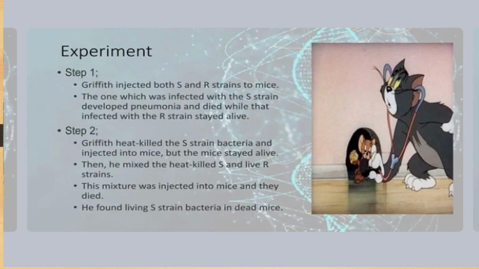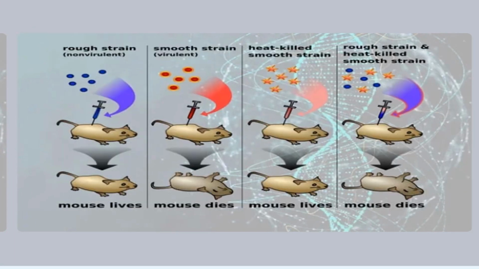So let's see how this experiment was performed. In the first part of his experiment, he used the rough strain or non-virulent strain. This strain lacks the polysaccharide coat. When he injected the mouse with this non-virulent strain, the mouse was unaffected and the result is that the mouse lives.